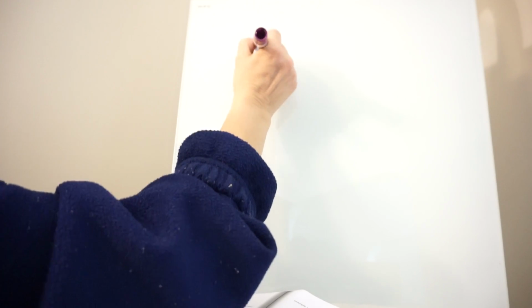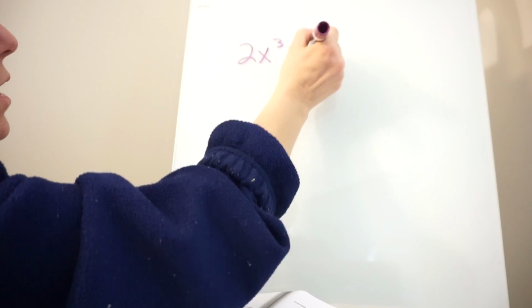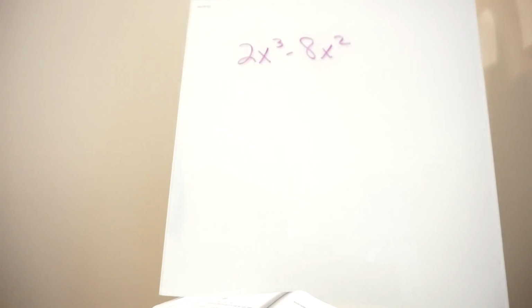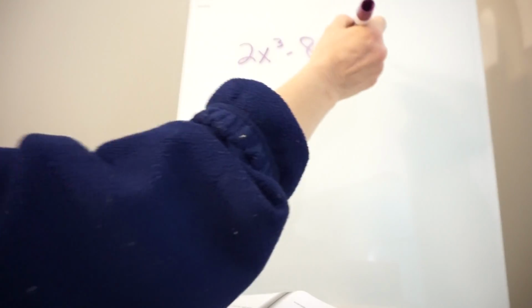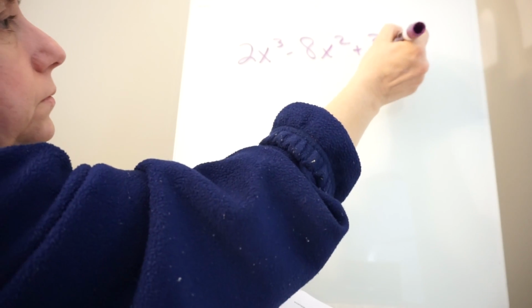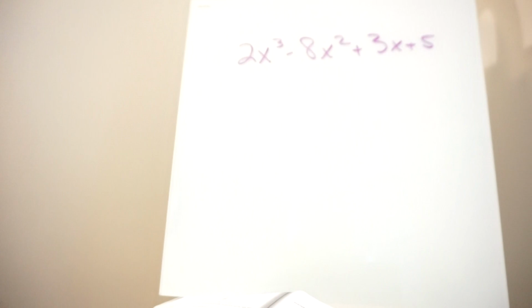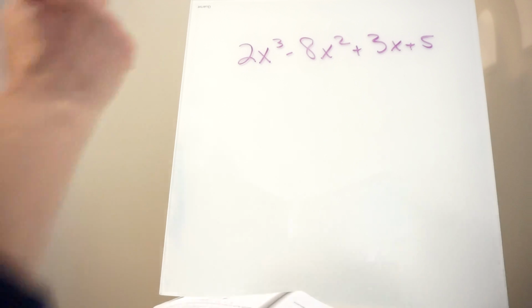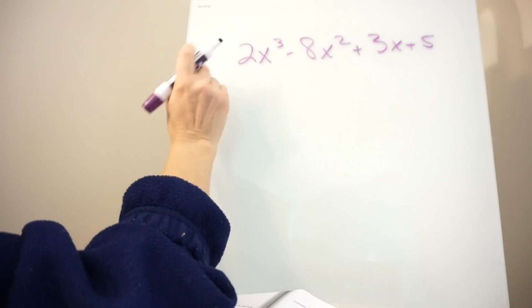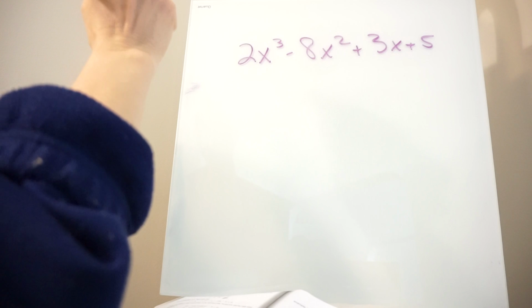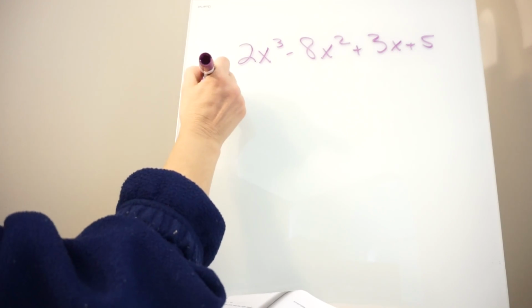All right, so 115.2, use the remainder theorem to evaluate 2x cubed minus 8x squared plus 3x plus 5 when x equals -4. So we're actually looking at f of -4.